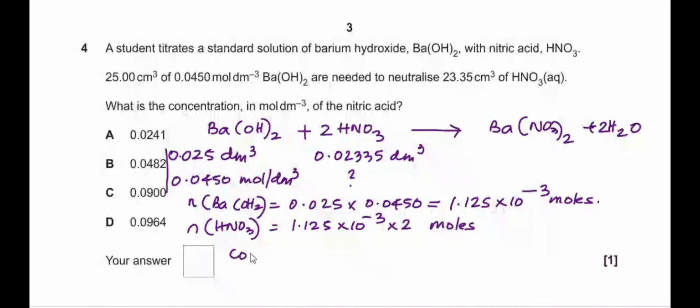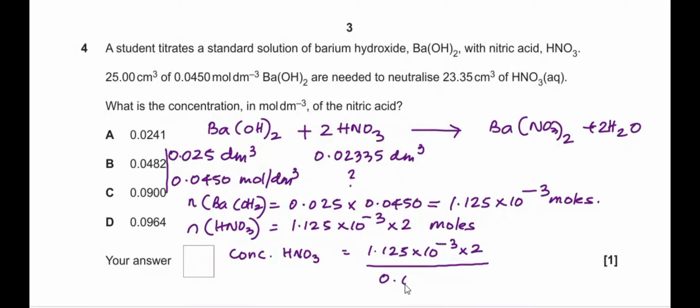Therefore we can write concentration of HNO3 is equal to 1.125 times 10 to the power of minus 3 times 2 divided by its volume, which is 0.02335, which gives us in the calculator 0.09635 etc. D gives us the correct option, therefore the correct answer is D.